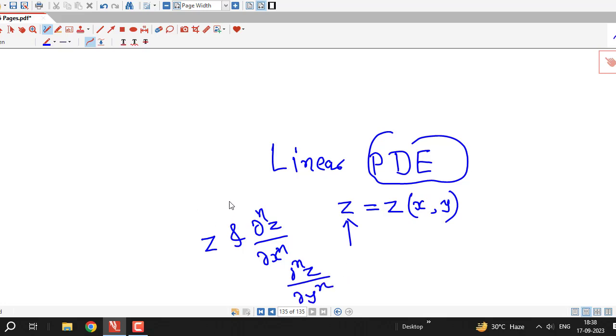The power of z and any of its partial derivatives is 1, and they are not multiplied together.